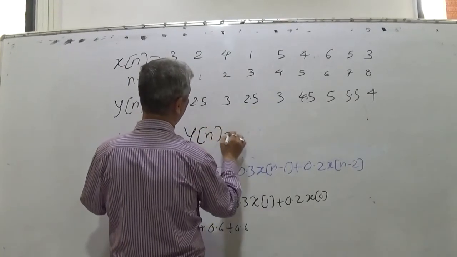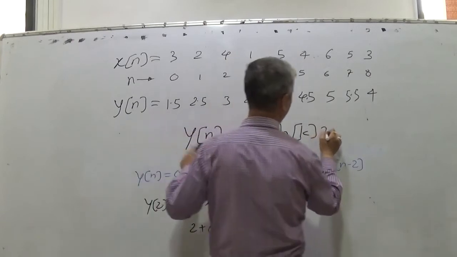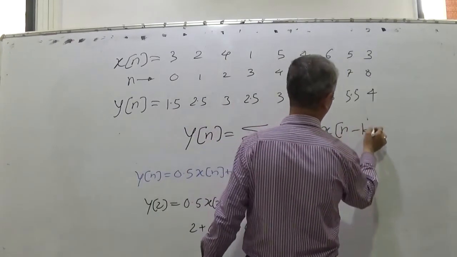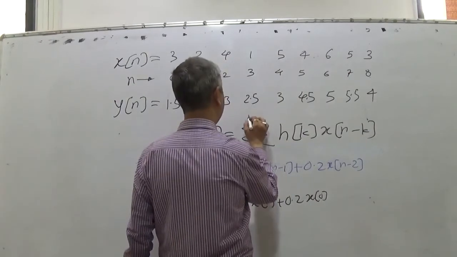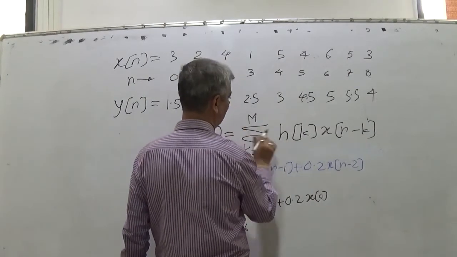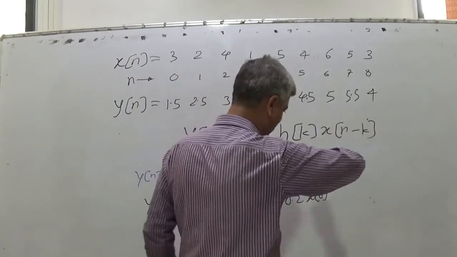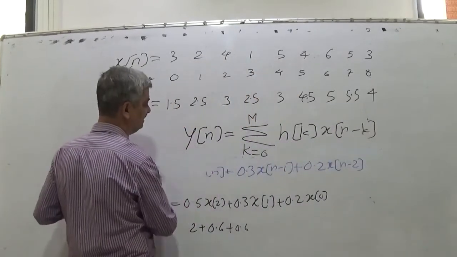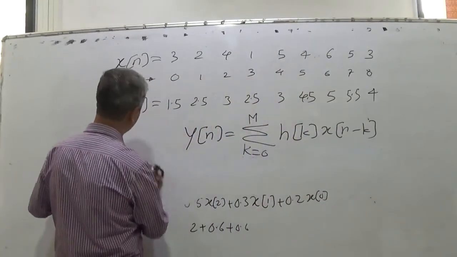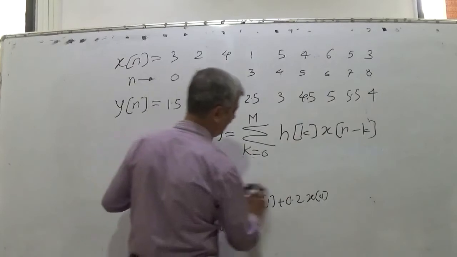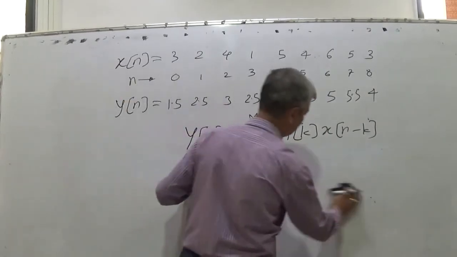Therefore, yn is equal to summation hk x of n minus k, where k goes from 0 up to m, and if m is finite, you can express the hk's by their values. But if k is infinite, then infinite numbers you can't specify by values, because your life would be over in writing those values.